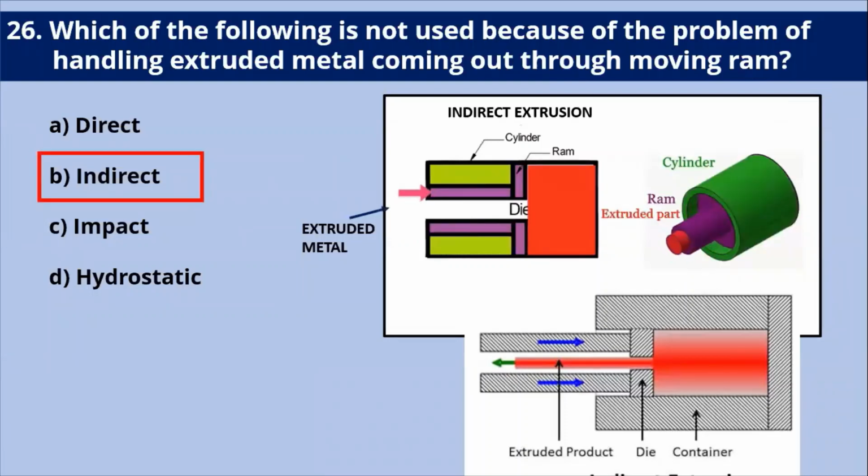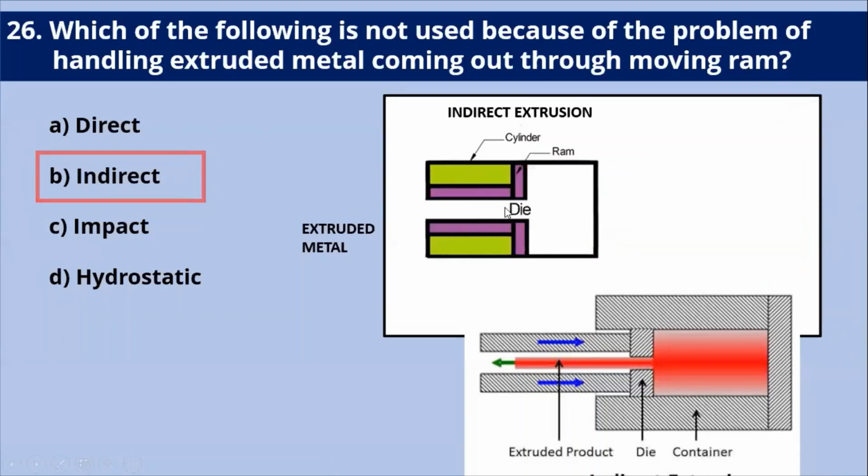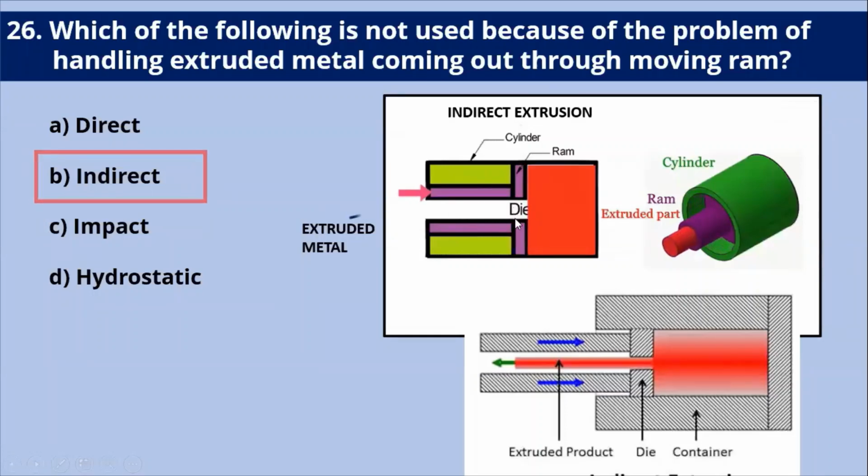Because of the problem of handling the extruded metal which is coming out through this moving ram. You can't give proper support to it. The die is mounted over the ram, you can see here, and then the metal gets extruded here. This method is not convenient, so that's why we are not using indirect extrusion.